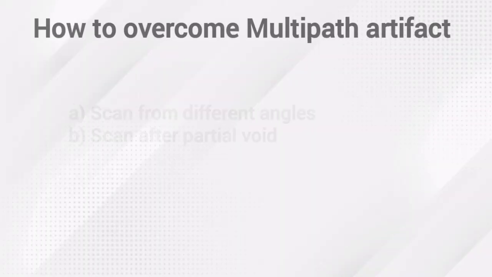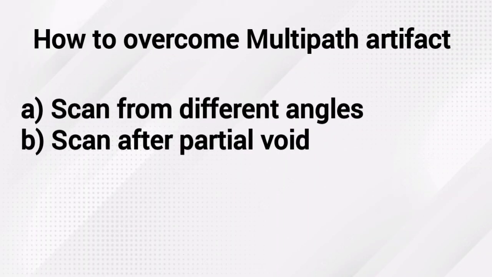The sonologist can prove that the mass is truly an artifact by scanning it from different angles to see if it is maintained. Also, scanning after the patient partially voids and observing if the mass changes in size in accordance with the bladder size change.